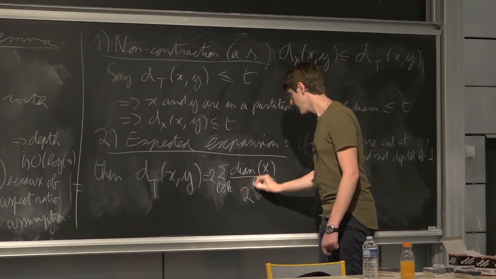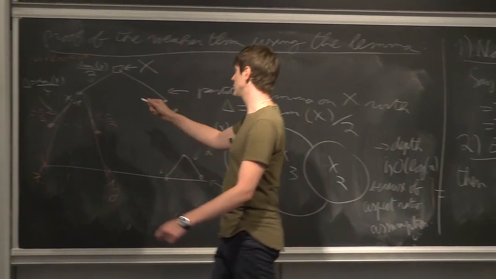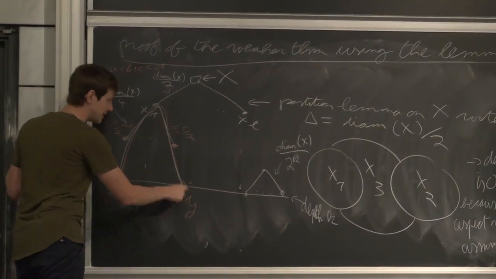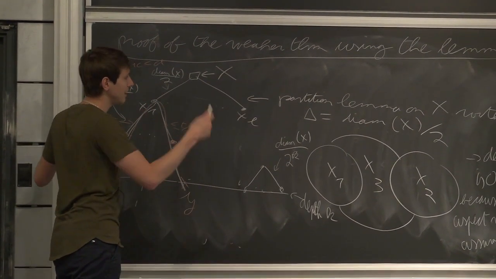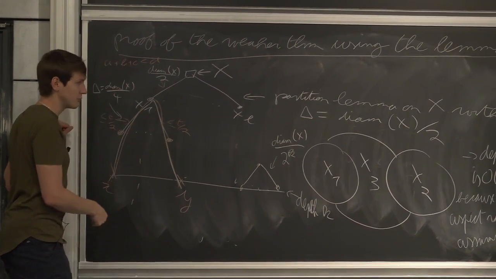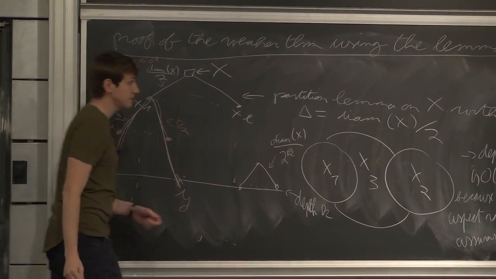So this is the first scale at which they are cut. Then for the distance between those two points, I need to sum this entire path. So I sum over all L from k to log n of the diameter of X over 2 to the L, and I get 2 because I have those two branches.